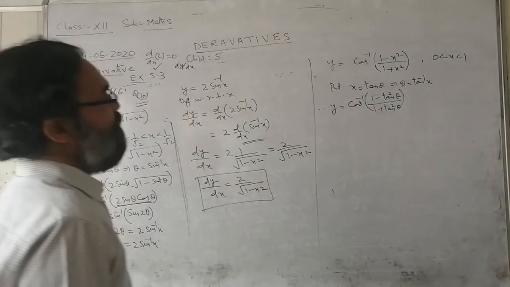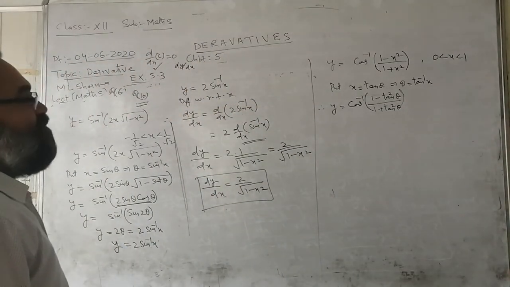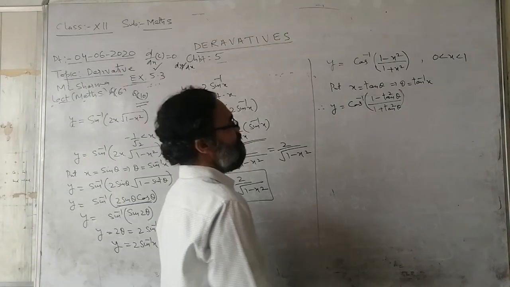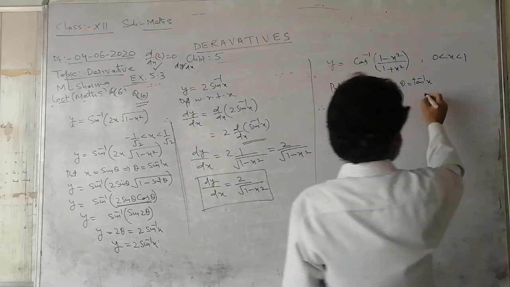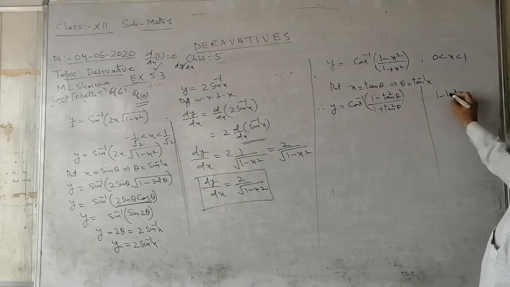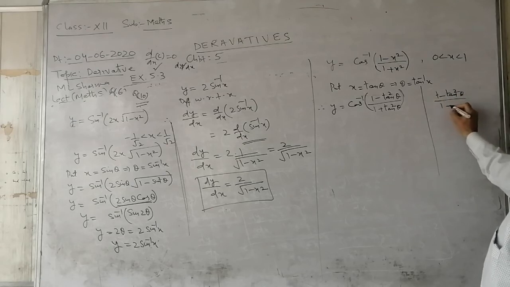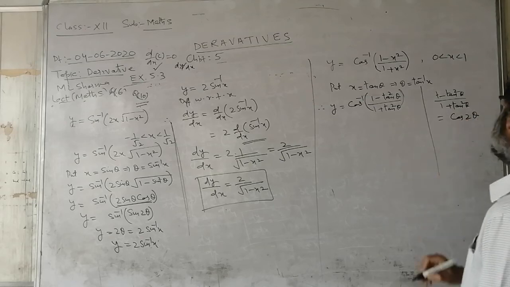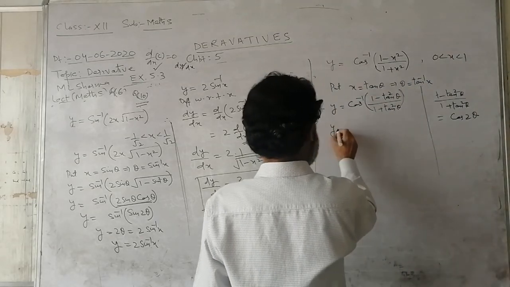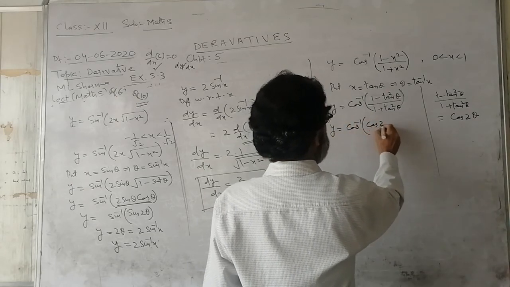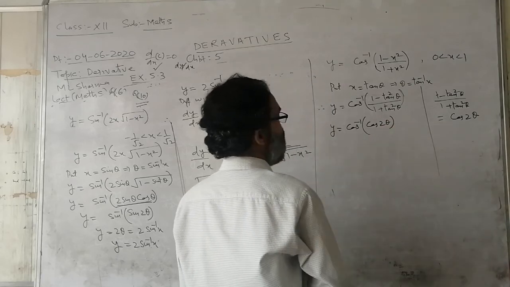So while solving the questions, you must know the trigonometric formulas which you have read in previous class. So this is again the formula: 1 minus tangent square theta upon 1 plus tangent square theta. So this is the formula of cos 2 theta. So I can write y equal to cos inverse cos 2 theta.